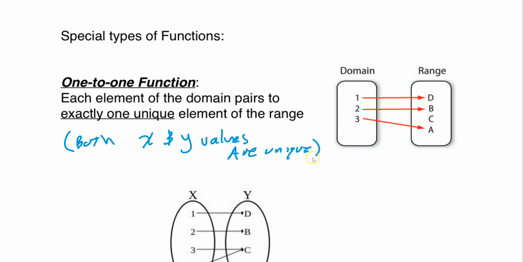So nowhere do we have 2 of the same, right? So 1 goes to D, 2 goes to B, 3 goes to C. There are no doubles anywhere. So if you have both the x and y values unique, we call that one-to-one because each x value goes to exactly one y value. And they're all different y values. So right here, this is a one-to-one function.